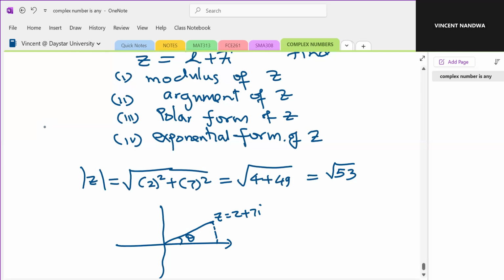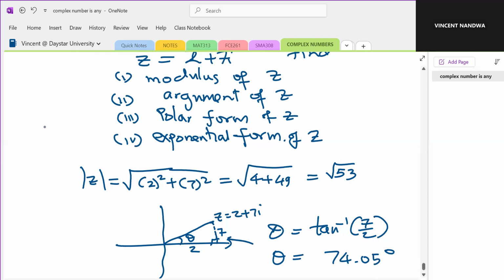So to get the argument is very direct: theta is simply tan inverse of y, which is 7 units, over x, which is 2 units. So we have tan inverse of 7 over 2, which will give us 74.05 degrees.